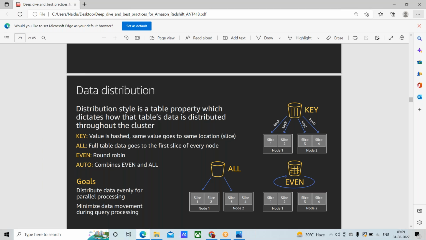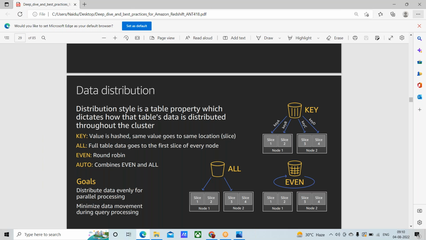Okay, cool. Since we are learning about Redshift, what are these distribution keys, or how are they distributing? They distribute using different techniques, which they call distribution styles. What are the different types of distribution styles or distribution mechanisms?